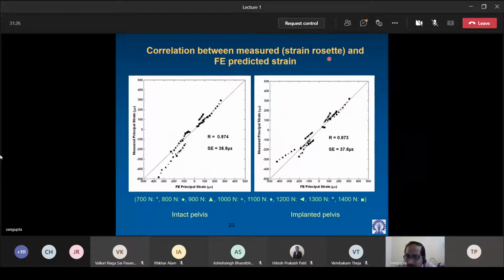So it is a two-way validation. The FE predicted strains can be compared with DIC measurement. They can also be compared independently with strain rosette or strain gauge measurements. Okay, so from both sides, we can conclude that the FE strains are a valid predictor of the actually measured strains in the pelvic bone.